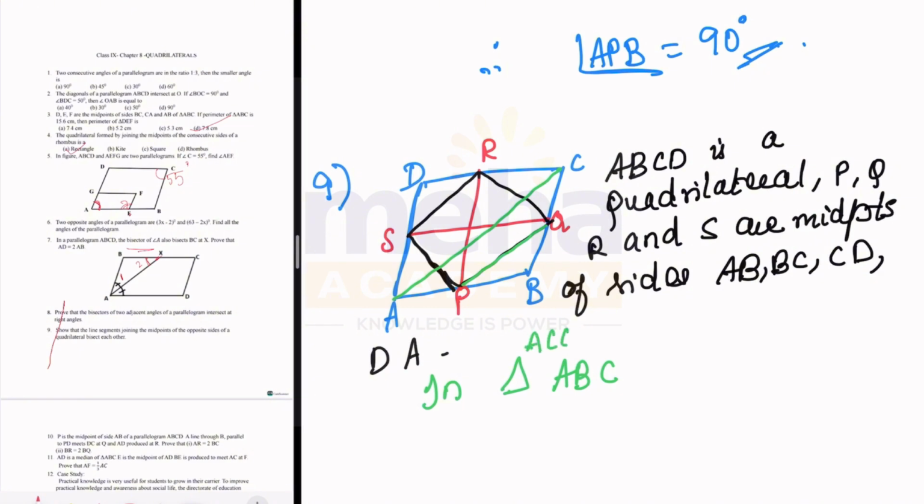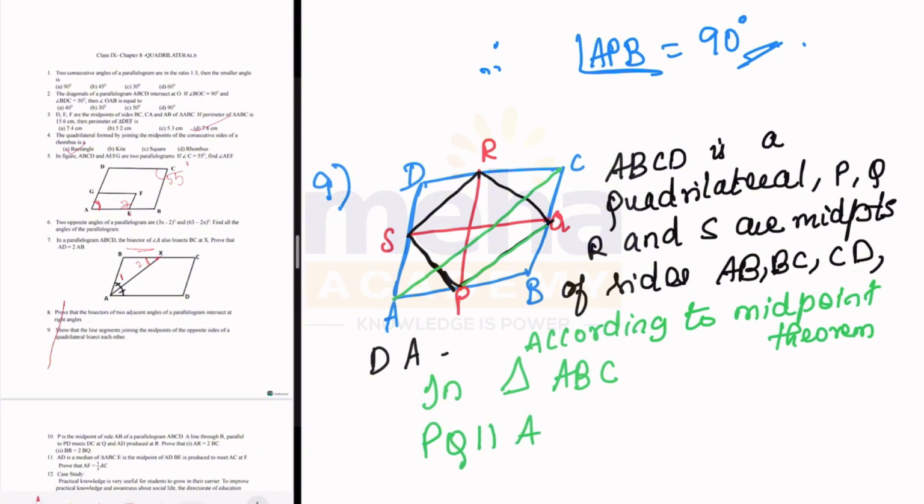According to the midpoint theorem, we know that PQ is parallel to AC and PQ is equal to half AC.